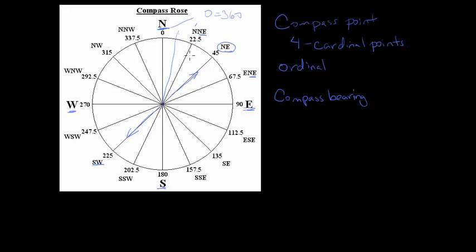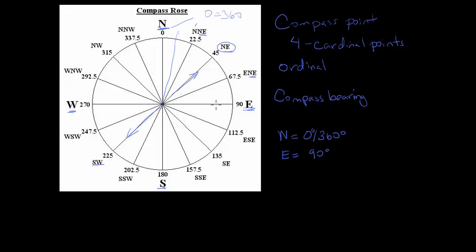So we've got our principal points now become north equals 0 or 360. East becomes 90, and we're always orienting ourselves to north, which is 0. So if we go down around the circle to east, we come to the 90-degree angle. So 90 degrees, I should put the degree marks there.